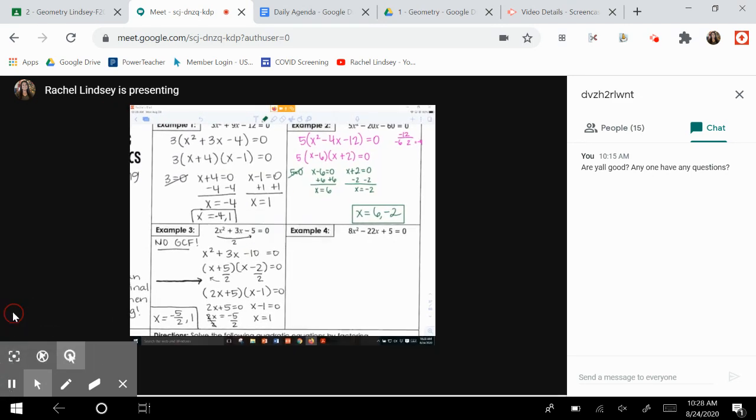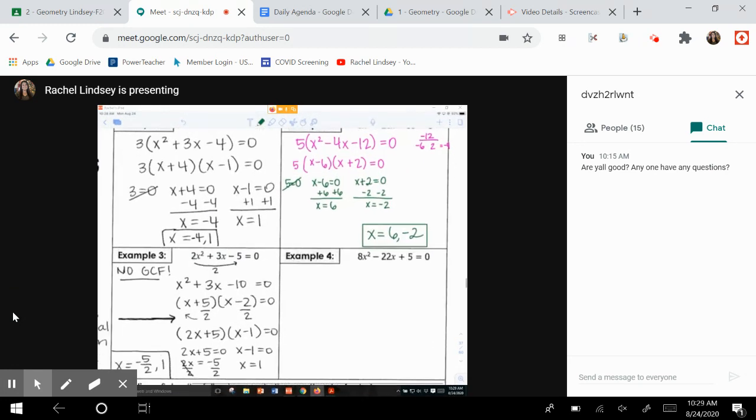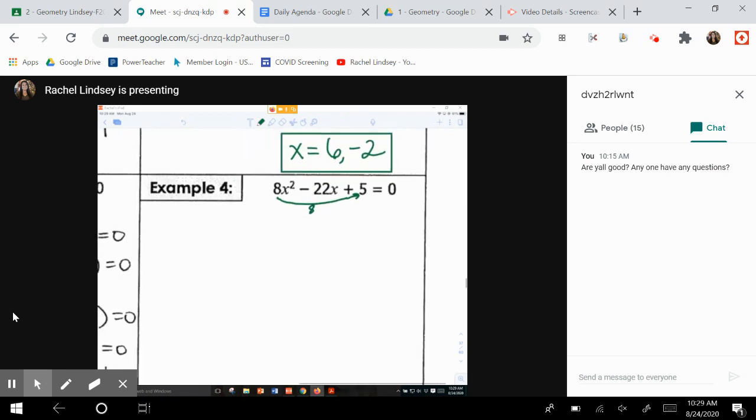Can I factor anything out with greatest common factor? No. So, since I can't, I'm going to do slide and divide. So I'm going to slide that 8. I'm going to start with x squared minus 22x plus 40.